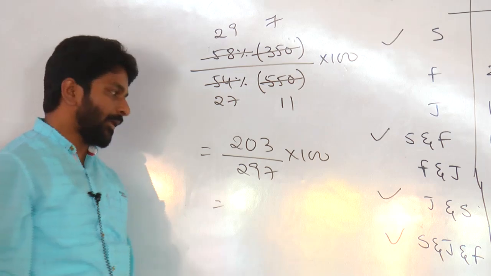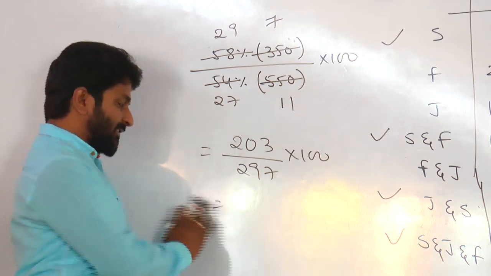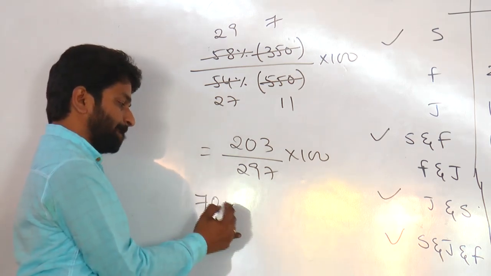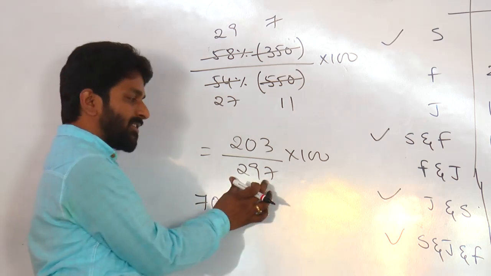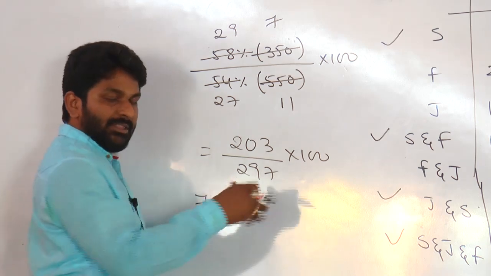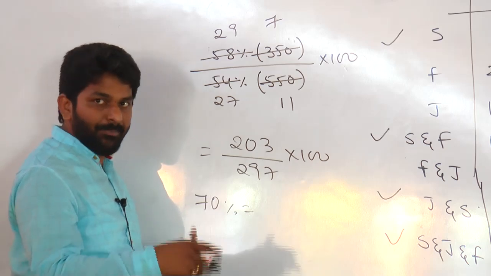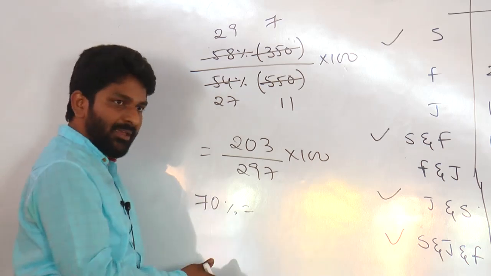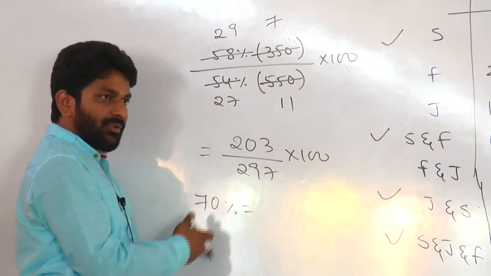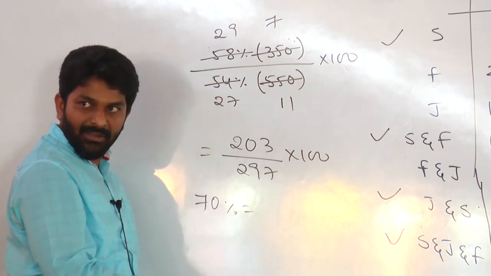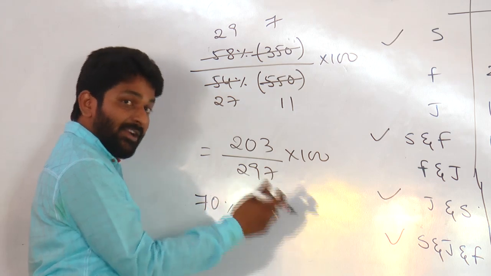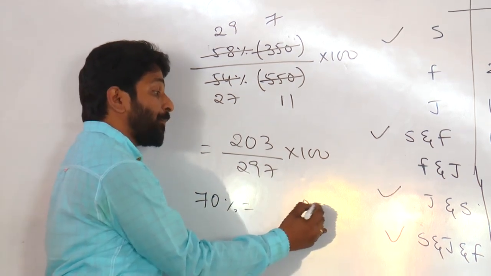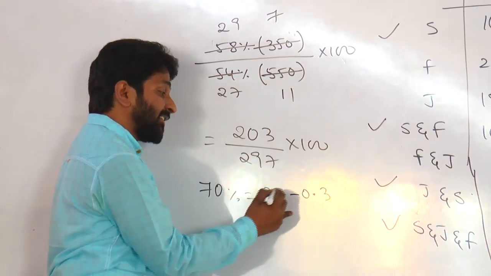Okay? Now, first let me calculate 70%. Why 70%? I'll tell you my logic. What about 10% of this number? 10% is near about 30, so 70% will be near about that. For that reason I want to calculate that value. If 10% is 29.7, I will treat it as 0.3 less than 30.